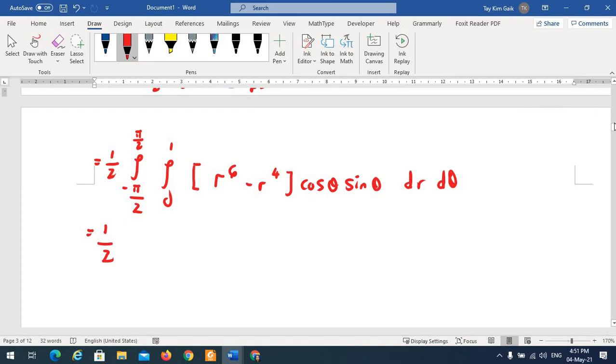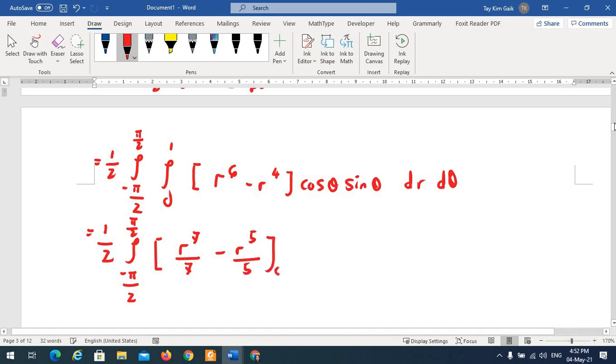So now integrate respect to r where the theta is constant. So integrate r power 6, you have r power 7 divided by 7 minus r power 5 divided by 5. Okay, limit of r from 0 to 1.